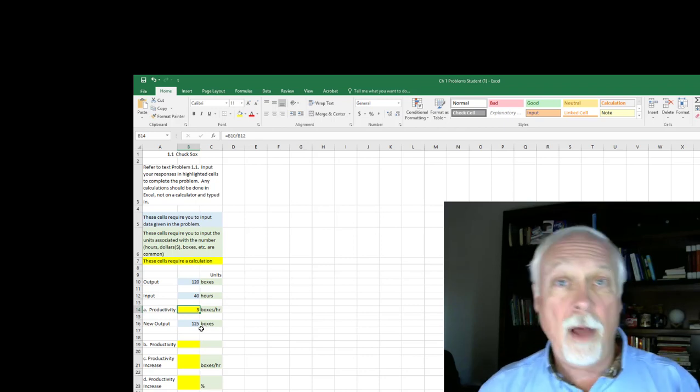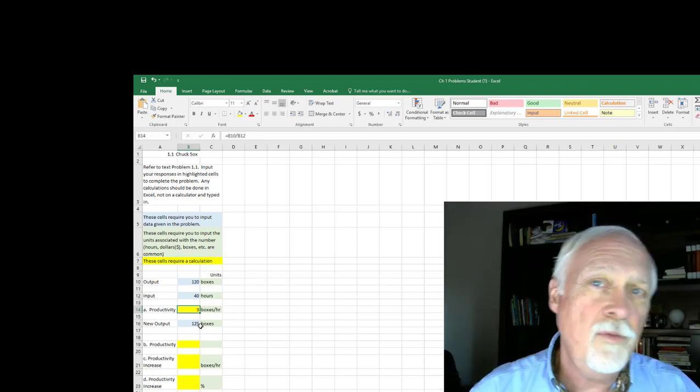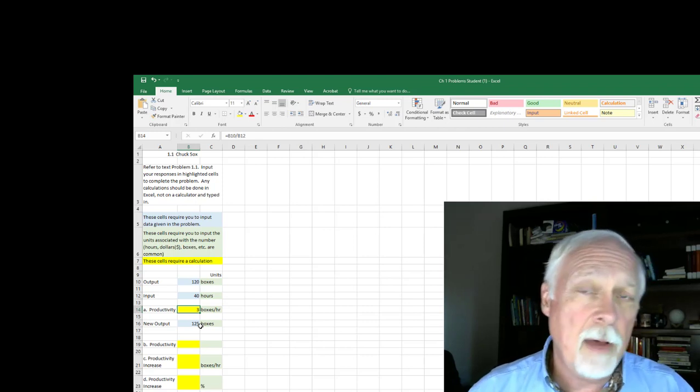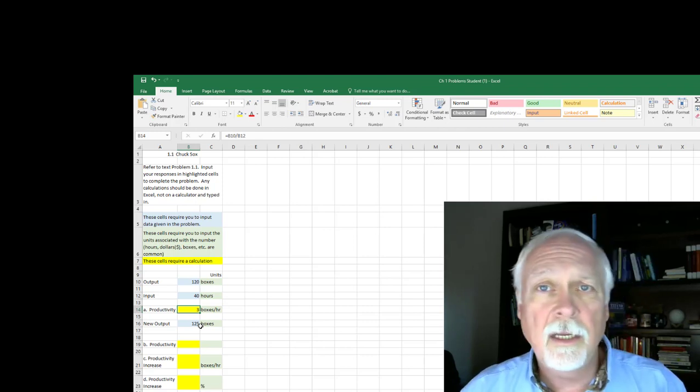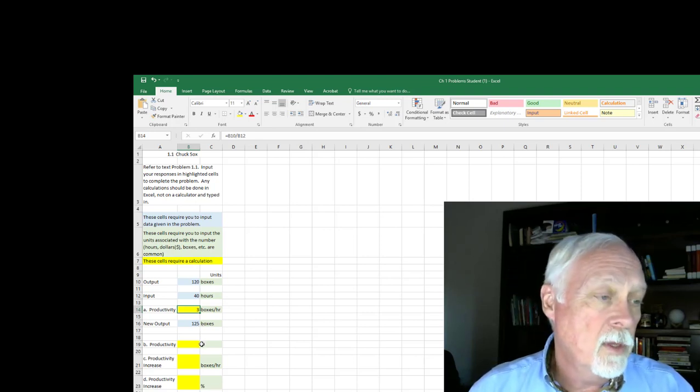In the second part of the problem, we have a new output. Through a process improvement, the team is able to reach 125 boxes produced in a day with the same 40 hours worked.